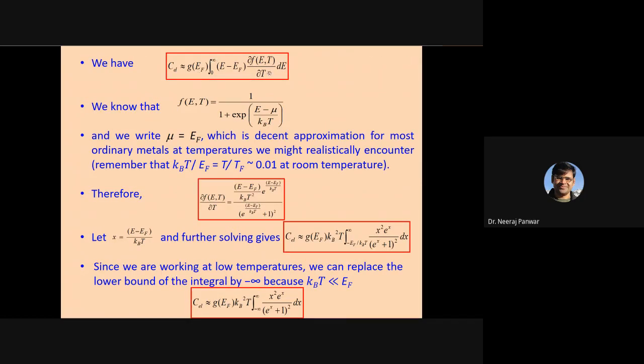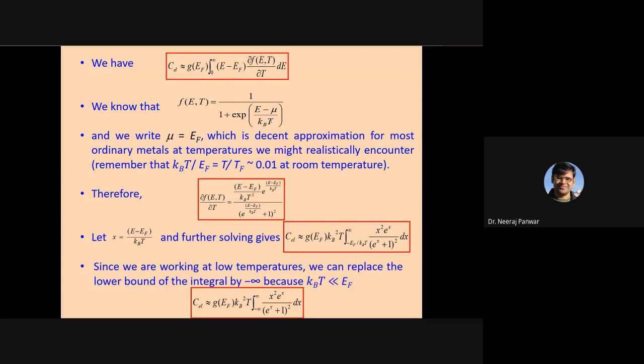Again, we are writing the same expression. So now we need to take the temperature derivative of this Fermi-Dirac distribution function. We know that f of E and T is equal to 1 upon 1 plus exponential (E minus mu) upon kBT.